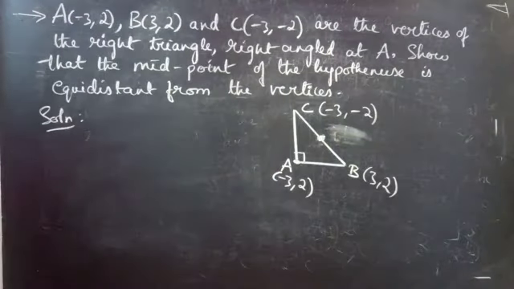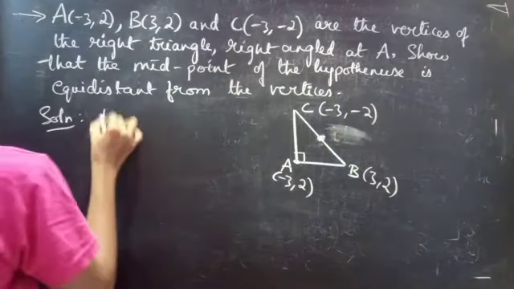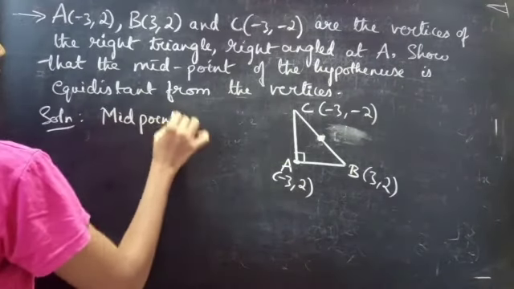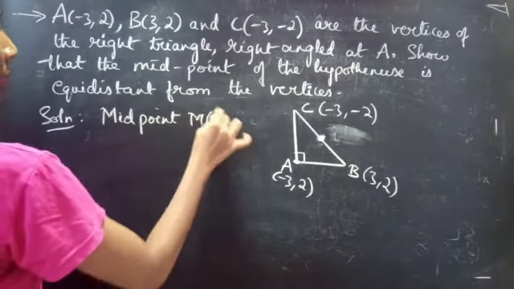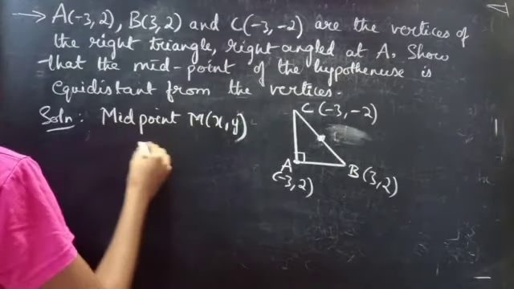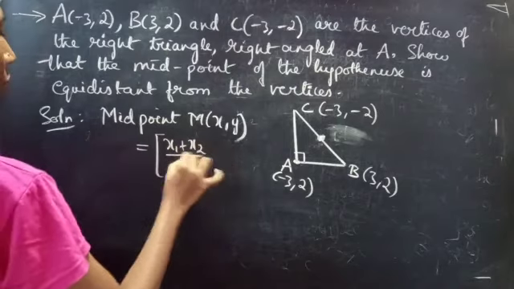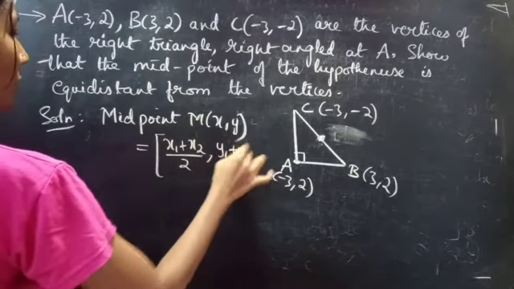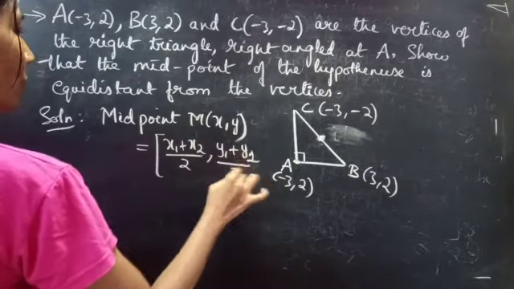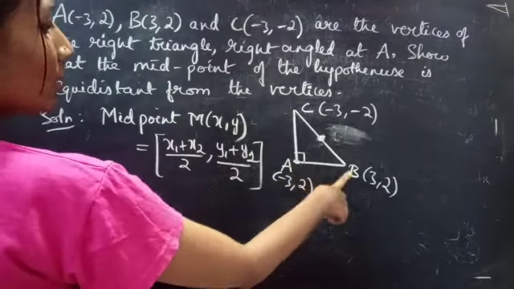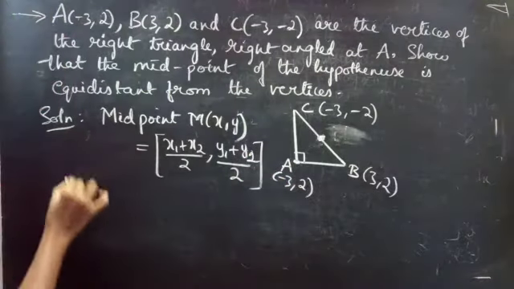So let us find the midpoint firstly. We know that the midpoint M(x, y) is given by (x1 plus x2) by 2 comma (y1 plus y2) by 2. Now we have to find the midpoint of BC.